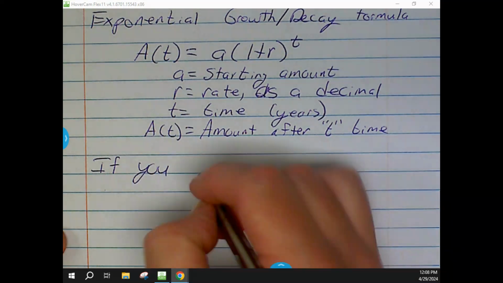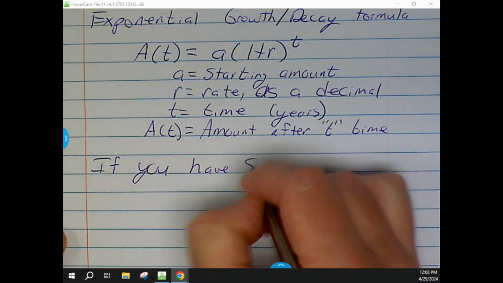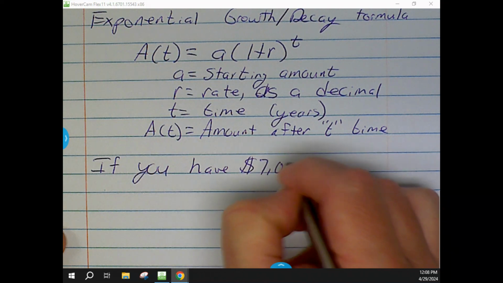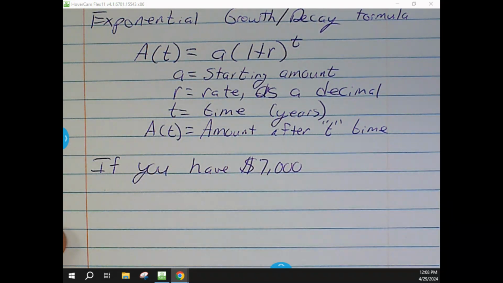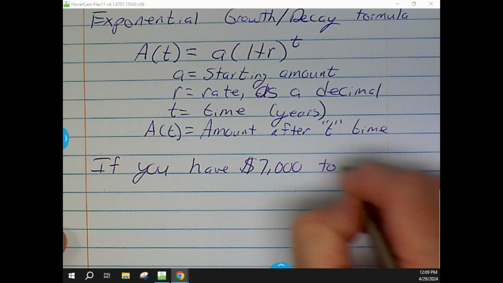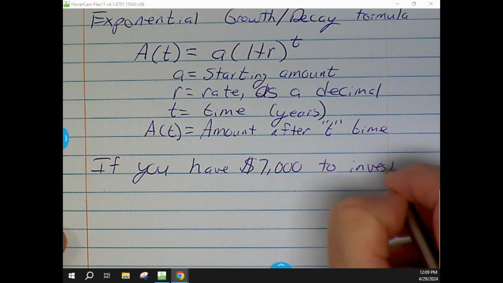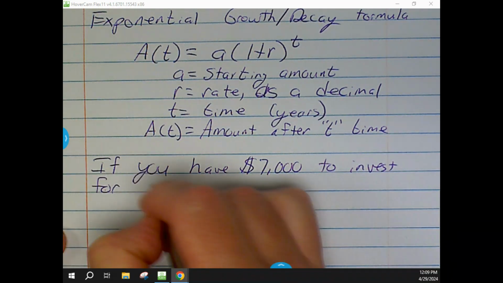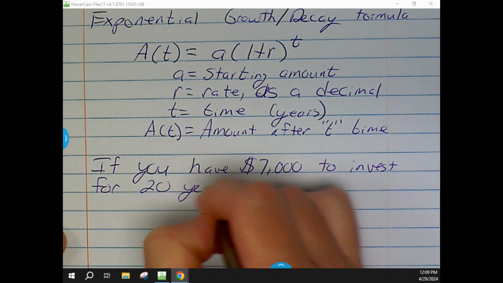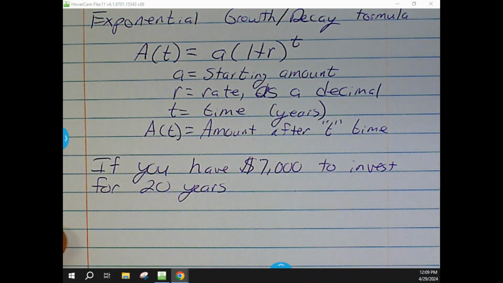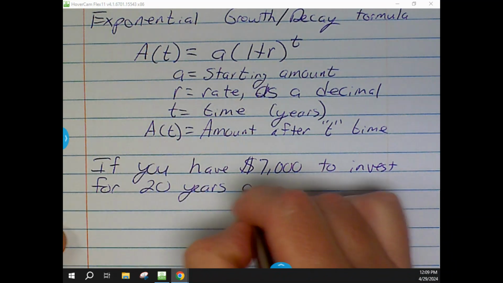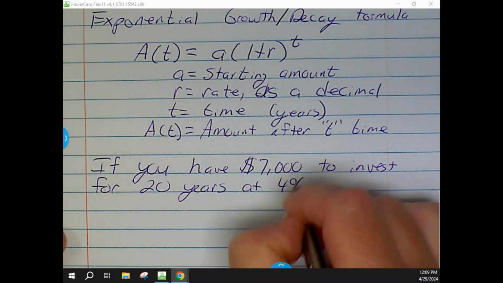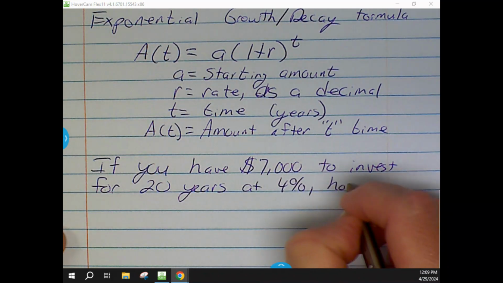Again, we're going to stick with money just because money is usually the easy thing to do here. If you have $7,000 to invest for 20 years at 4%, how much money do you have?